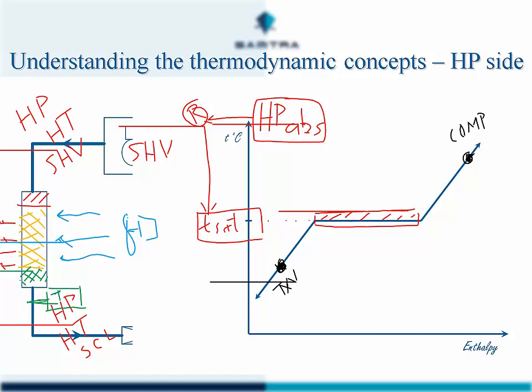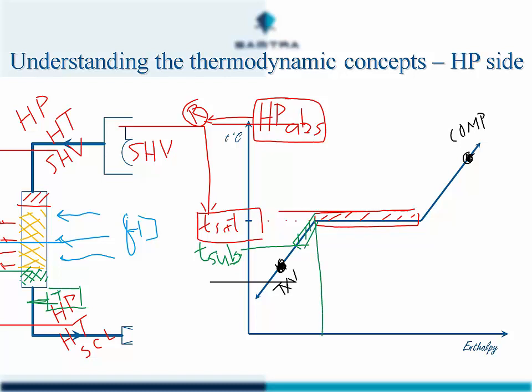The temperature indicating a subcooled value would be plotted on the graph. So T subcooled, and that would be the last part of our condenser.